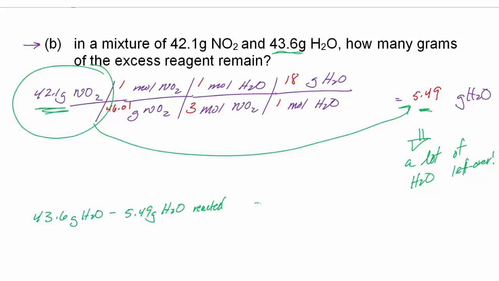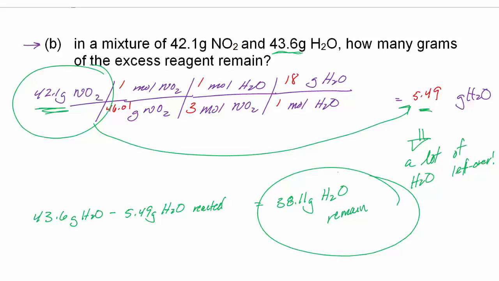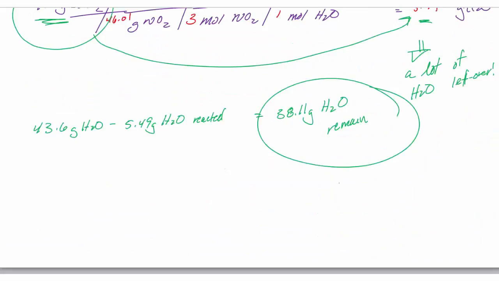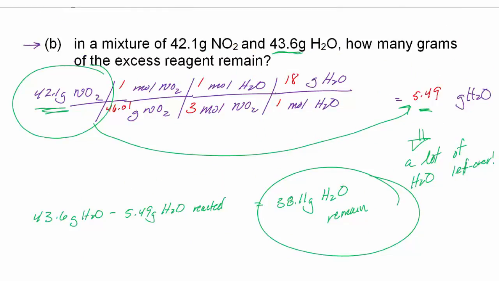So just subtract them. 43.6 minus 5.49, I'll have 38.11 grams of water remain, assuming all of that nitrogen dioxide reacts. So in these problems, figure out what the limiting reagent is, and in general just use it for all calculations, whether you're talking about how many grams of another reactant are left over or how many grams of a product are being produced.